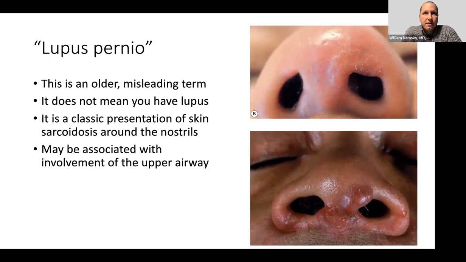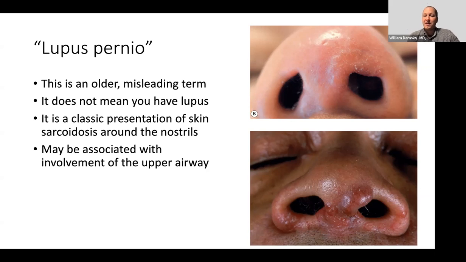And something worth covering is this term lupus pernio. This is more medical jargon, but you will come across this online. If you look at it, it can actually be kind of confusing. So this is an older term. Lupus, of course, is an autoimmune disease, which is distinct from sarcoidosis. And so if a dermatologist says you have lupus pernio, or you read the term lupus pernio in your chart, it doesn't mean that you have lupus.